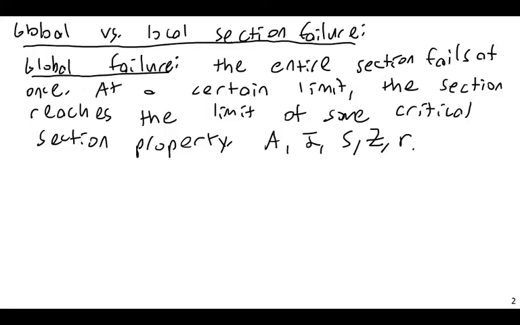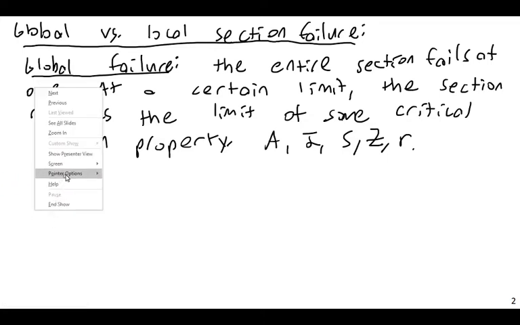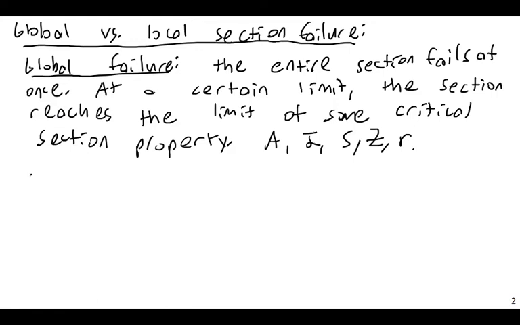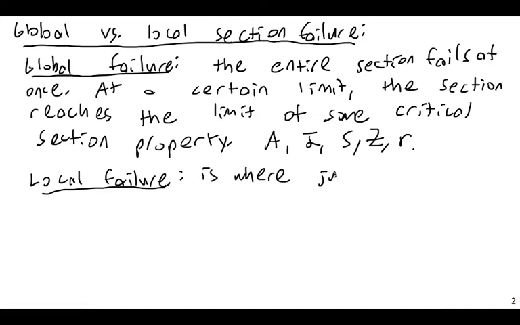Local failure, what we call local failure, is where one single part of a cross-section, one single element of a cross-section, fails. Again, this is kind of a review. Local failure is where just one element of a cross-section fails.